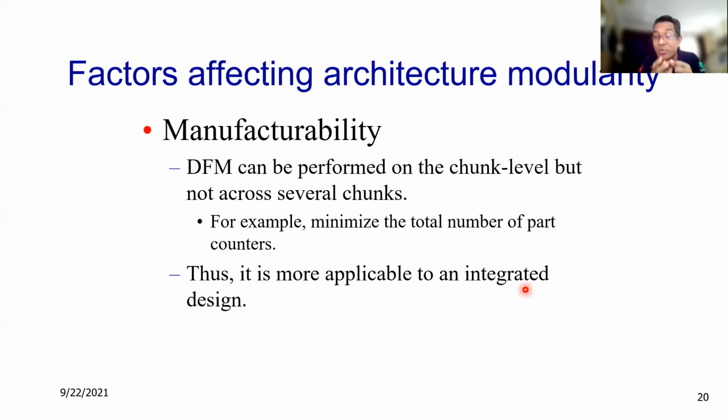Integrated design, when you do from a modular, they have 2 or 3 chunks you can combine. That is an integrated design. You can reduce the component, you can reduce the cost of material, and then you can have more stylish design, but yet you need to think about how to manufacture it.